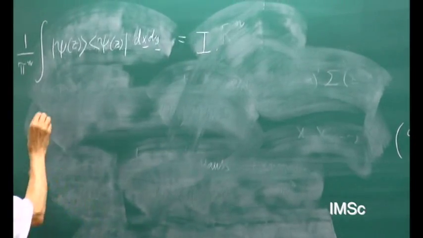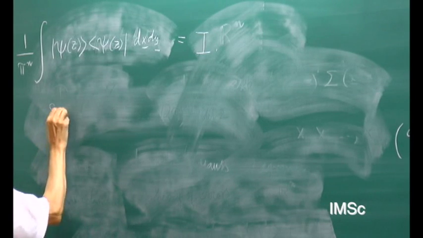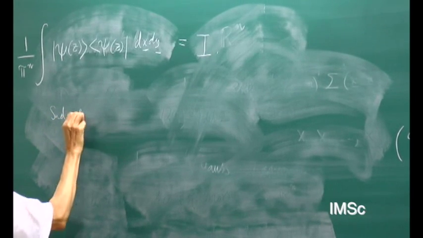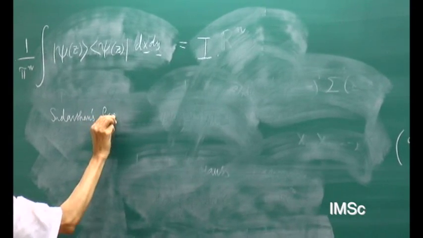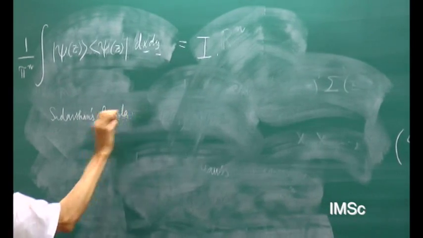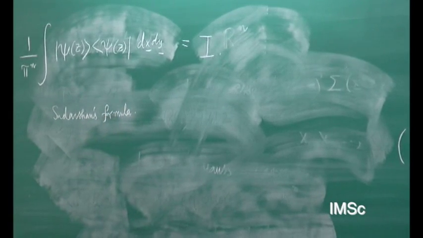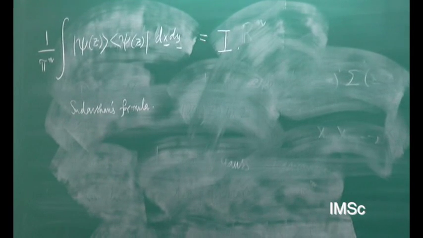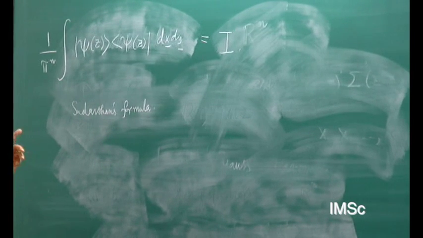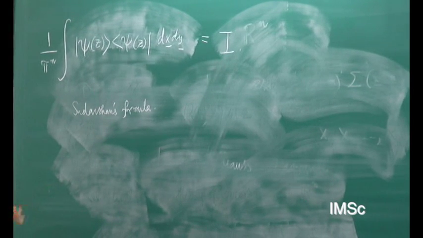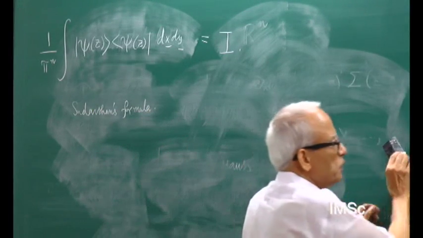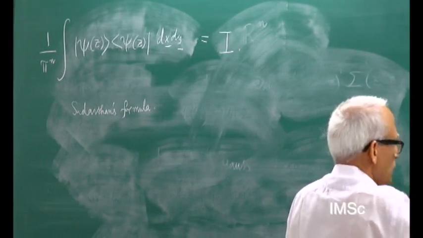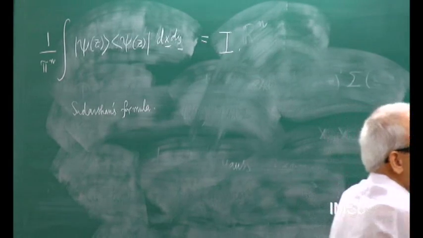So, this is a formula due to Sudarshan, which I will make use of in one place in the course of the lecture in computing the simplest Gaussian state, the Fourier transform of the Gaussian state.